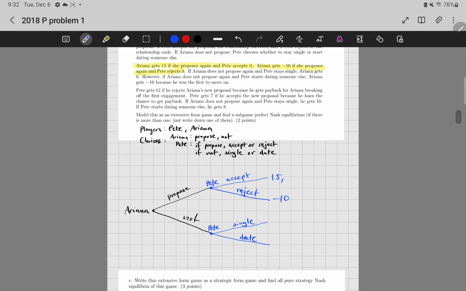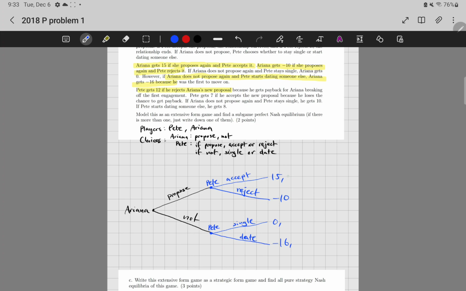If Ariana does not propose again and Pete stays single, Ariana gets 0. However, if Ariana does not propose again and Pete starts dating someone else, Ariana gets -16. Now for Pete. Pete gets 12 if he rejects Ariana's new proposal.